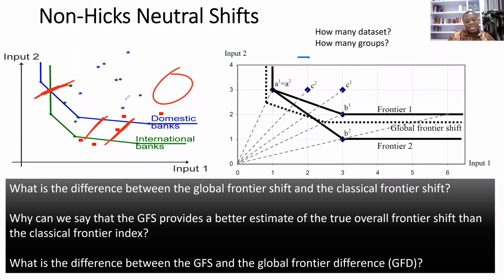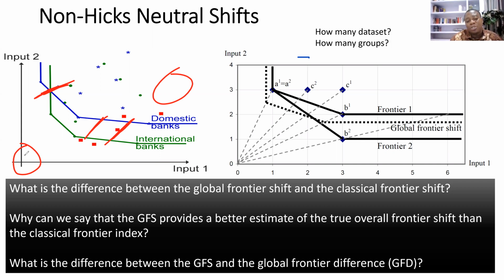And even though it's about difference, you still have to know whether the difference is a good one or a bad one, a better one or a worsening one. And again, the green frontier looks like it's more towards the origin in this input orientation.